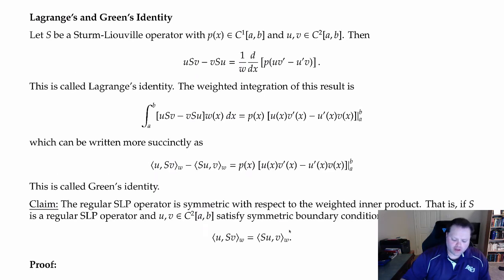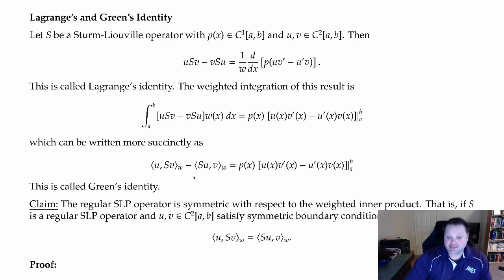But if you look at what I have just above here, we can prove, if you take the SLP forms of what these things are, that u S v minus v S u is given to us by this. And if you integrate both sides of this result, you obtain the following, which is starting to look an awful lot like integration by parts. In fact, it's very much related to integration by parts.